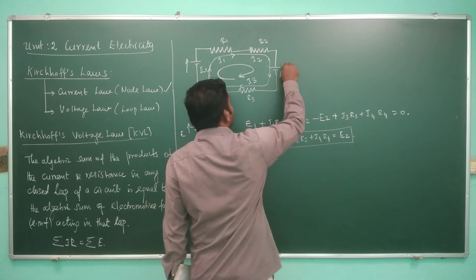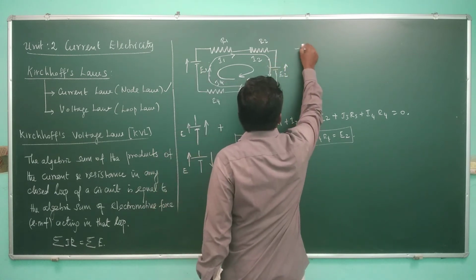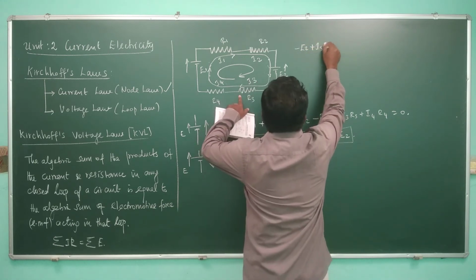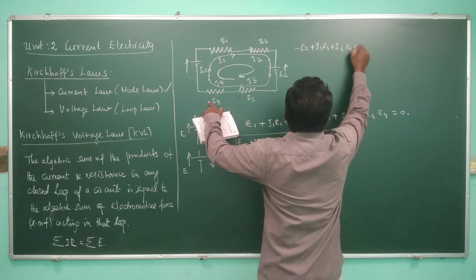Here the current direction is upwards, the loop direction is downwards, so we have to start from minus E2 plus here I3 R3 plus here I4 R4.